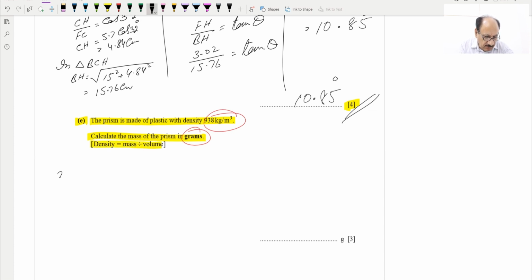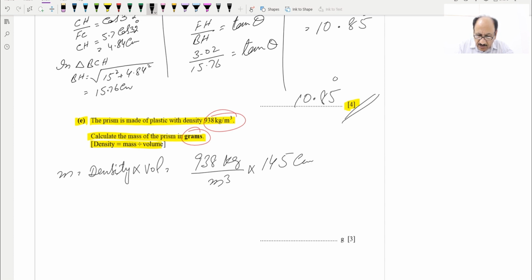So mass will be equal to density times volume. This is the formula, and density is given as 938 kilograms per meter cubed, and multiply by the volume, which at the beginning they have given us as 145 centimeters cubed.